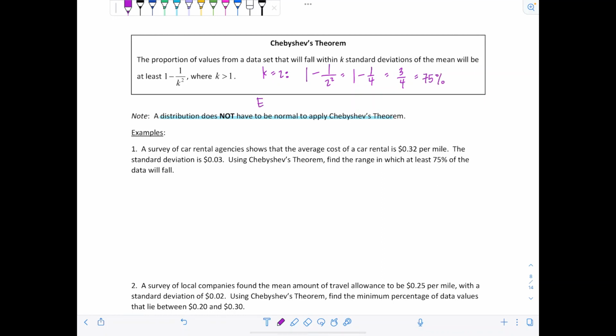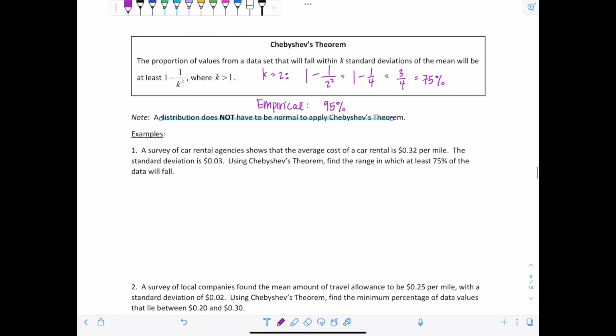And from the empirical rule, we had that within 2 standard deviations, there was 95% of the data. So Chebyshev's is always going to give you an underestimate compared to the empirical rule because we don't know that the data is normally distributed. It may not be, so you can't assume that you have as much lying close to the mean. It might be skewed. So that's why Chebyshev's theorem or rule gives you a conservative estimate in case you have some really funkily distributed data.